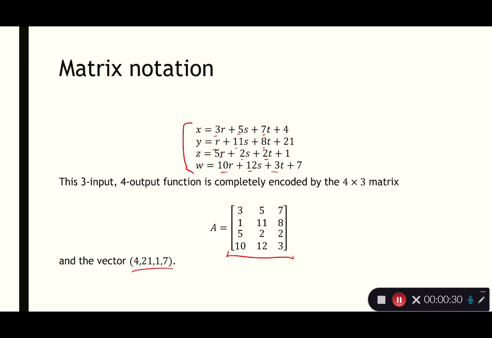It's also encoded by this column vector that keeps track of these four constants at the right hand side. So we're going to talk about some operations we can do with matrices that make writing these types of functions much cleaner.